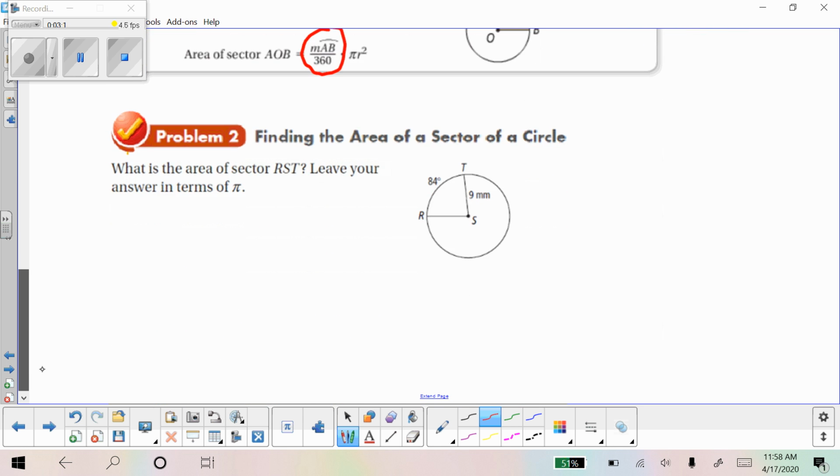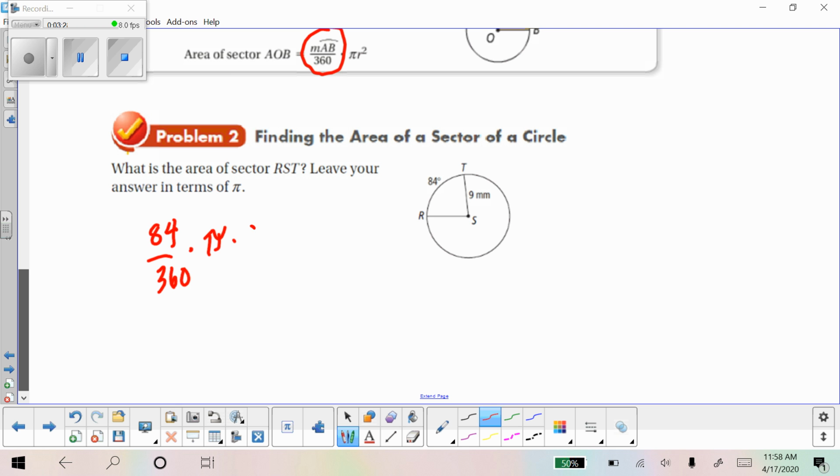So in this first one, we're going to leave our answer in terms of pi again. We take 84 out of 360, and multiply that by pi r squared.